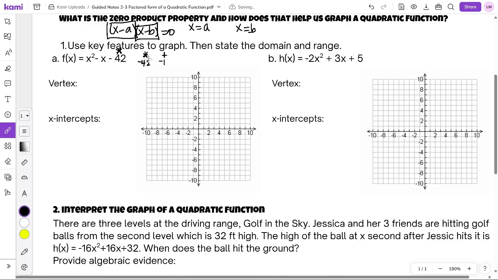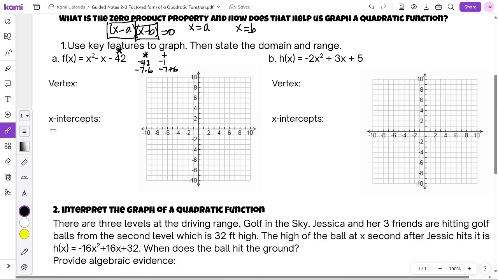Negative 7 times positive 6 gives me negative 42, and negative 7 plus 6 gives me negative 1. Now, we can run through all of the factors, but the smaller this number is, the closer my factors are together. Like, I know it's not 1 and 42 because 1 minus 42 is 41. That's way far away from 1. So the smaller this number is, the closer my factors are.